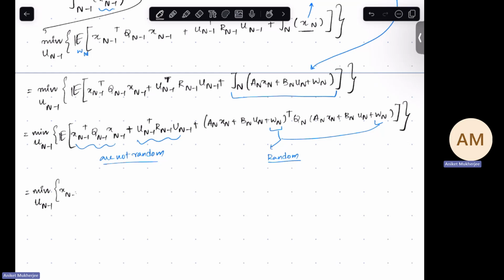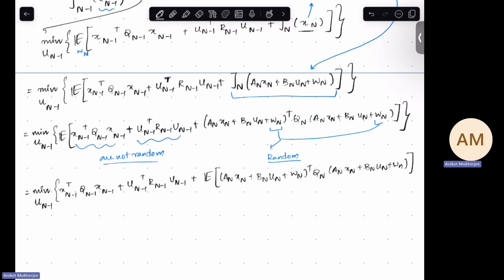I get xn minus 1 transpose Qn minus 1 xn minus 1 plus un minus 1 transpose Rn minus 1 un minus 1 plus the expectation of An xn plus Bn un plus wn transpose Qn times An xn plus Bn un plus wn, right?